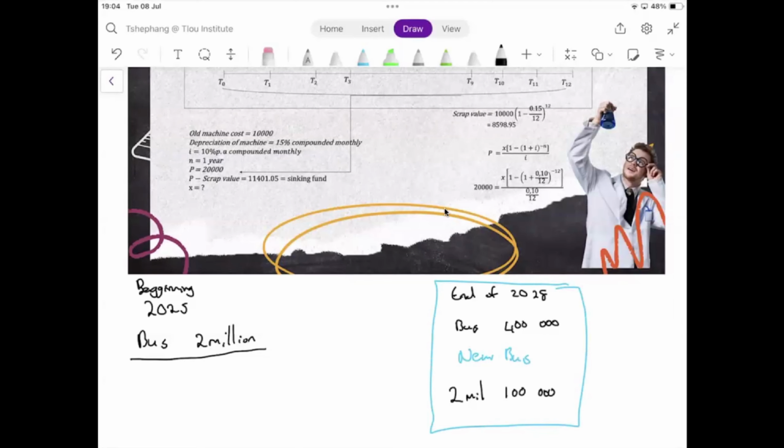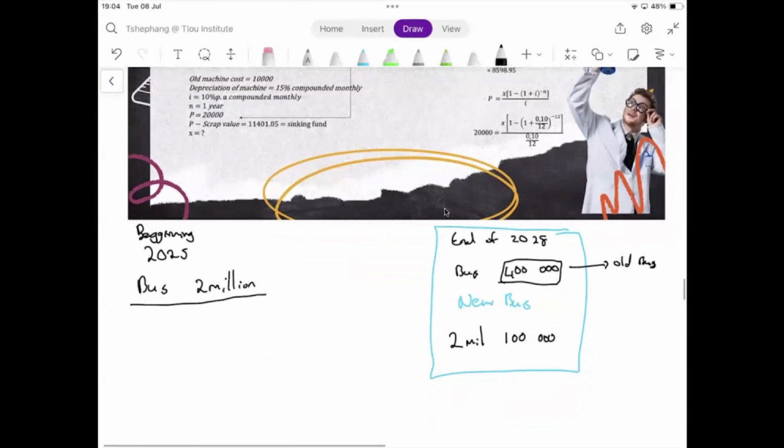That's the cost of a new bus. We're going to sell our old bus at the end of 2028 for 400,000. So we sell it at the end, we have 400,000, but the new bus costs 2,100,000.